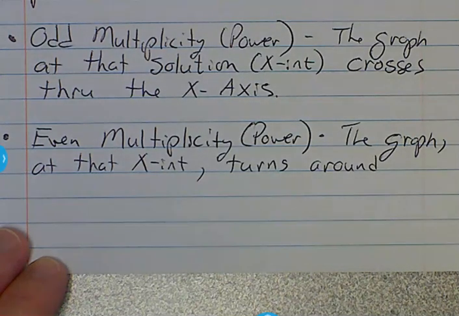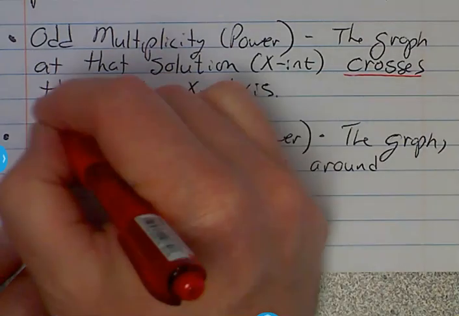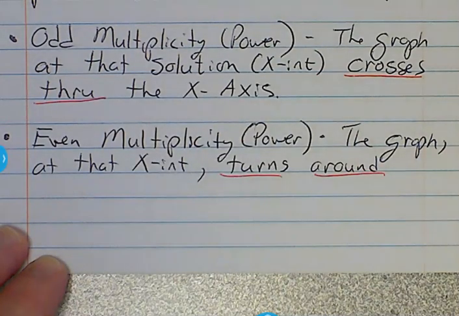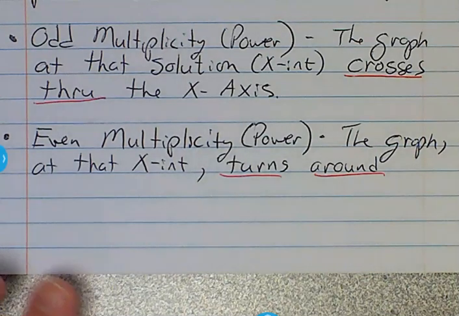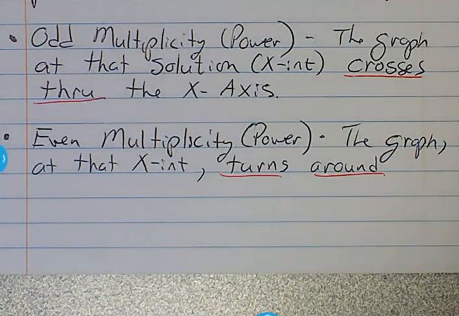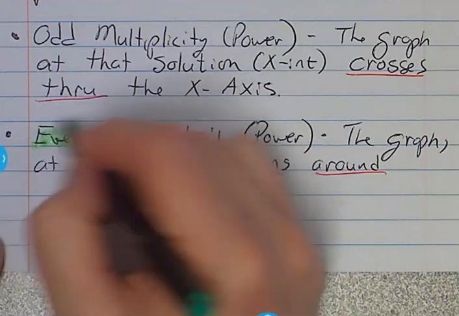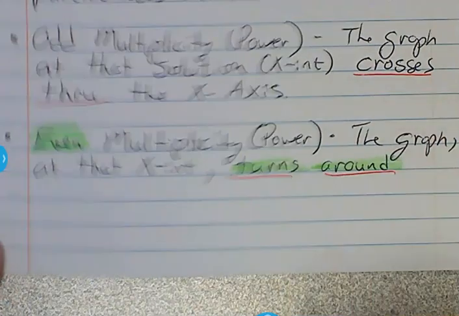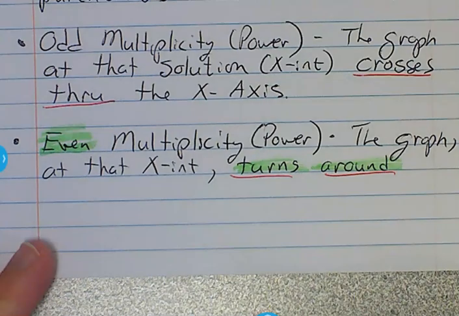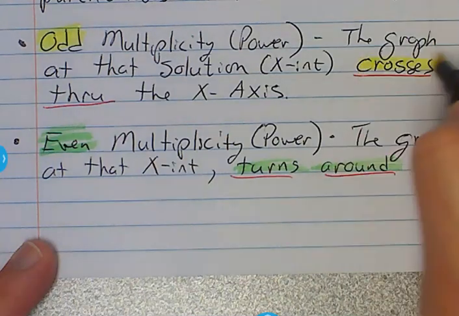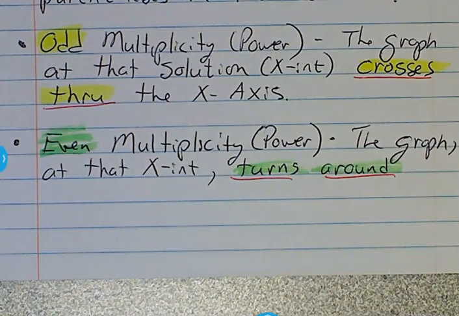Either the graph crosses through the x-axis, or it turns around. So when it's even, it turns around. And when it's odd, it crosses through. Okay, and we've already talked about maximum, minimum, so we've got everything there. Everything else is pretty much the same thing.